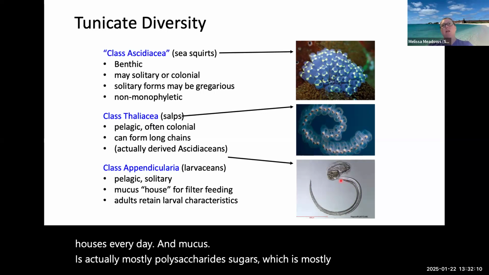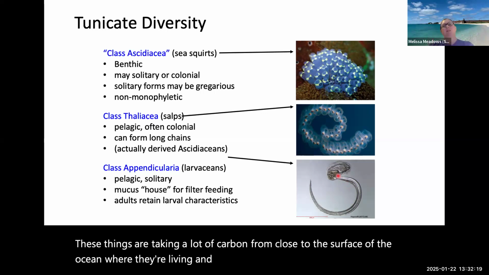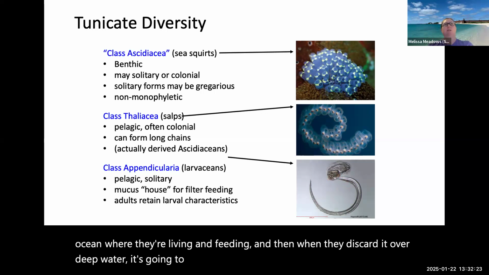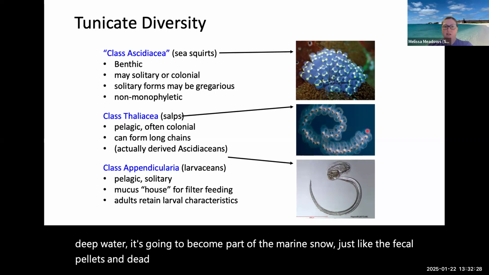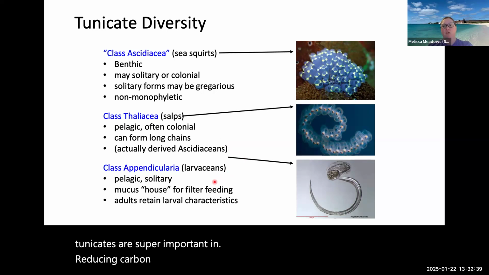So again, these things are taking a lot of carbon from close to the surface of the ocean where they're living and feeding. And when they discard it over deep water, it's going to become part of the marine snow, just like the fecal pellets and dead bodies of the Thaliaceans. So both of these two classes of tunicates are super important in reducing carbon dioxide in the atmosphere. So very important.